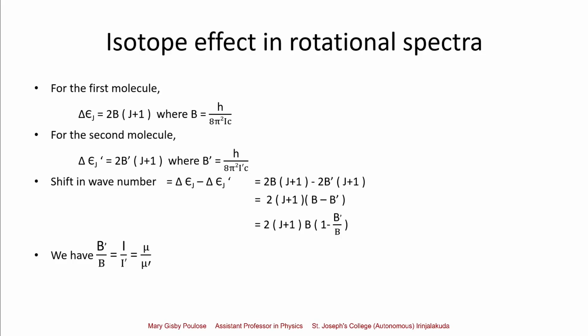Substituting this in the expression, we get the isotope shift, delta epsilon J minus delta epsilon J prime, equal to 2 into J plus 1 B into 1 minus mu by mu prime. So from the isotope shift, we are able to calculate the reduced masses of the actual molecule and its isotope.